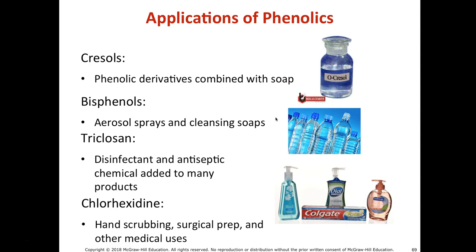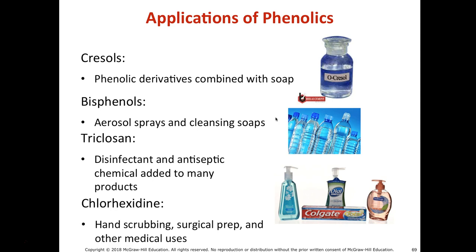Next, we have triclosan, and this is something that they're fighting the FDA for to take out of a lot of our disinfectants, but mostly our soaps that we use, because they're also seeing that as we're using this, we are starting to create more resistant strains of bacteria, since they're overcoming this chemical to kill them off.